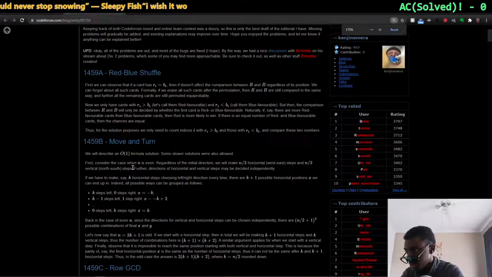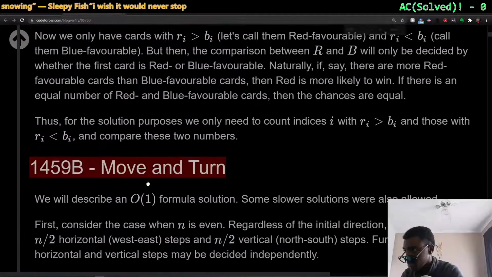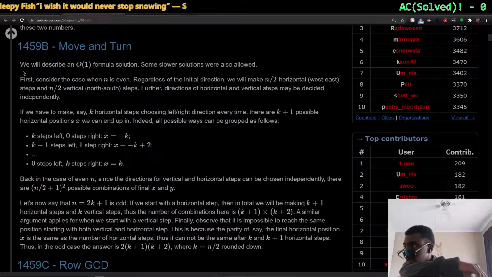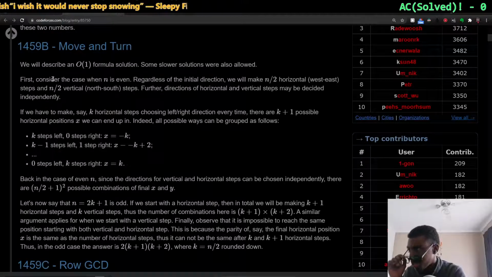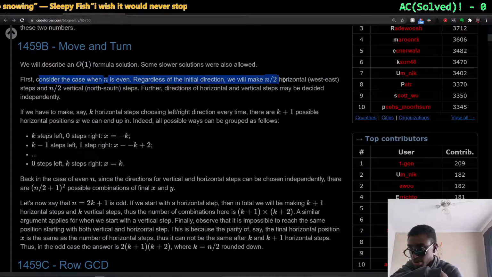Now let's see this. I'm describing an O(1) formula. First, consider the case when n is even. Okay. Regardless of the initial direction, we will make n divided by 2 horizontal steps and n divided by 2 vertical steps.